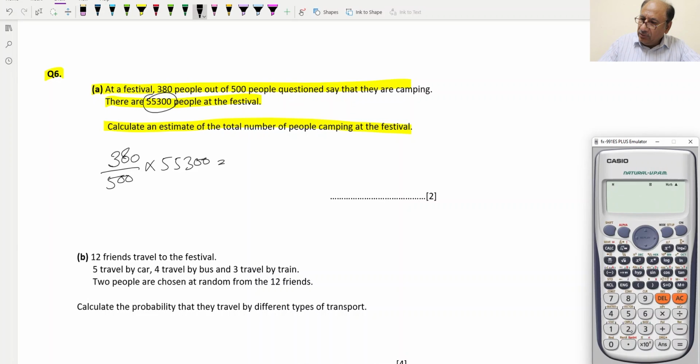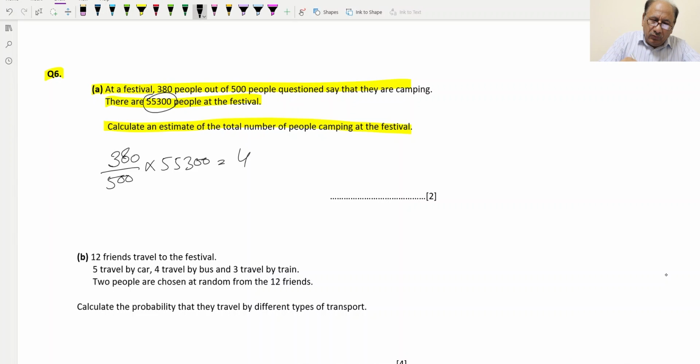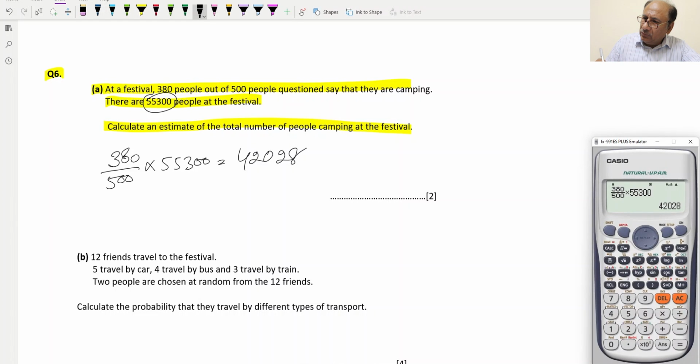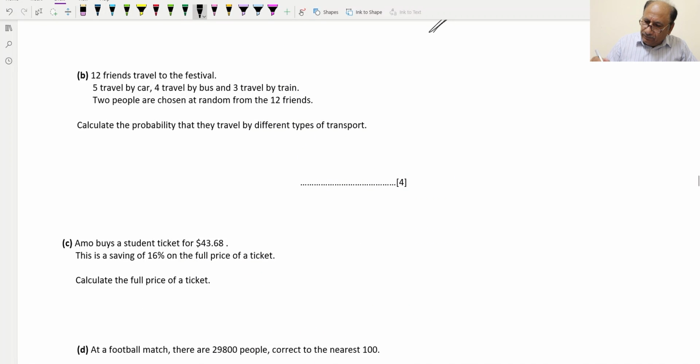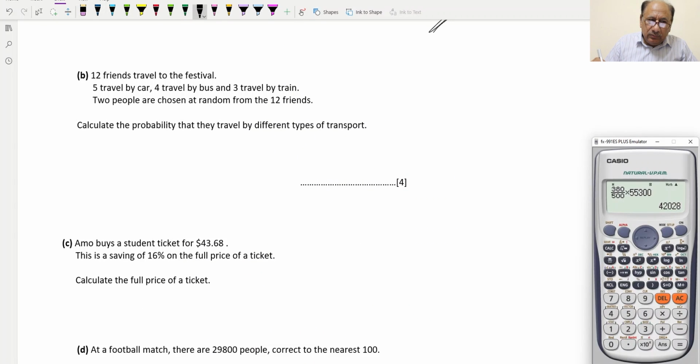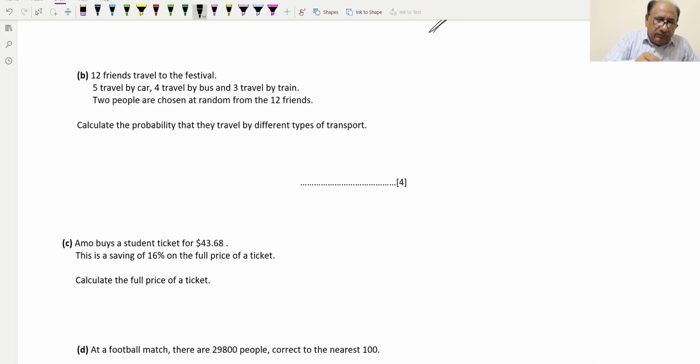This will be 380 over 500 multiplied by 55300, which is equal to 42028. Yes, 42028. This will be the final answer for 2 marks. And the B part says, I just wanted to double check that our calculations are correct.